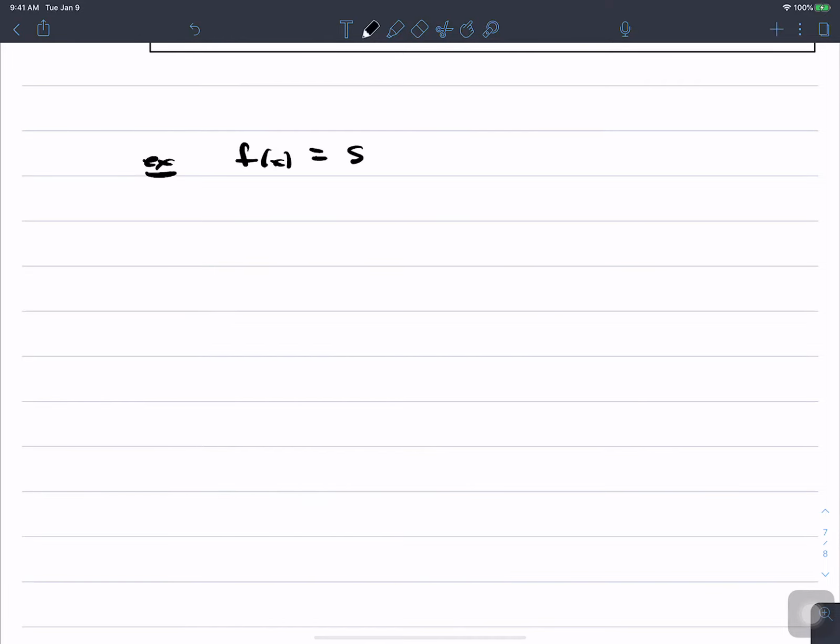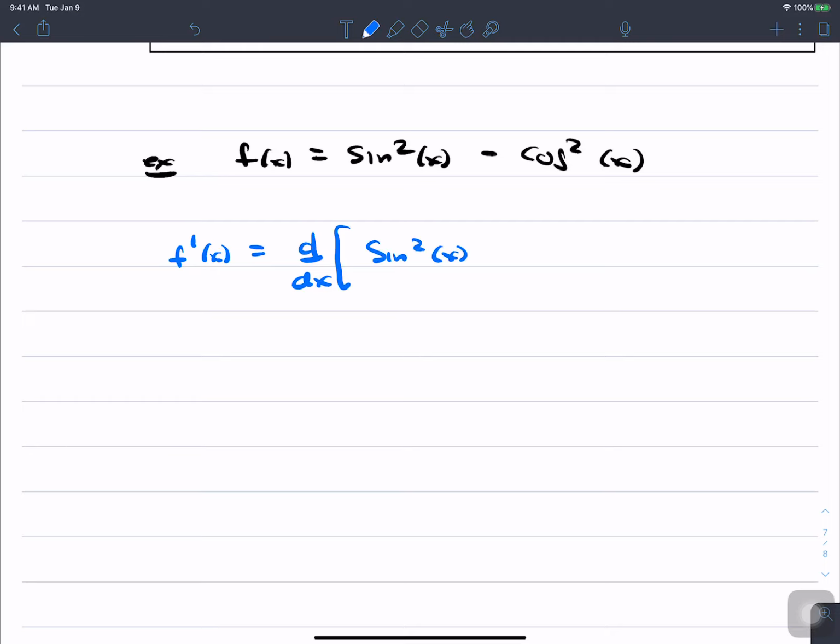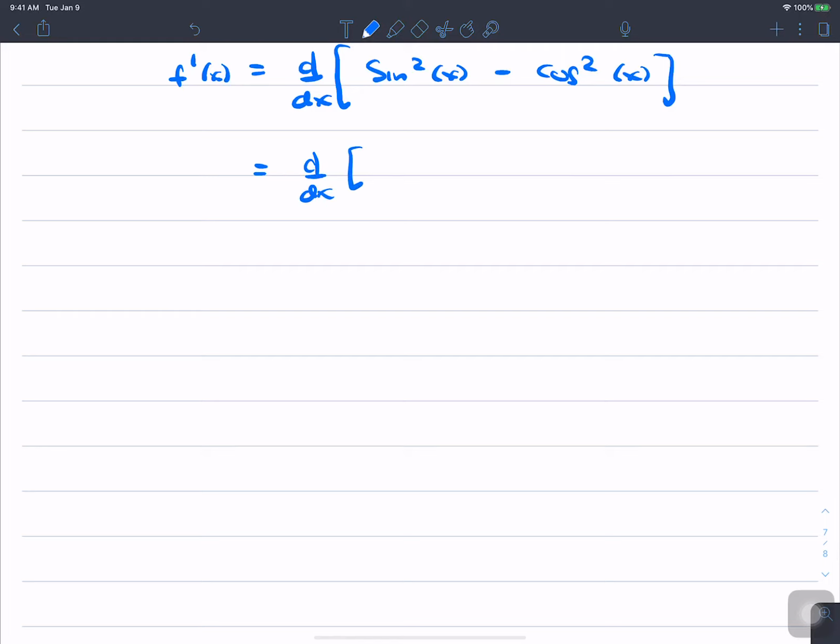How about sine squared x minus cosine squared x? F prime is d dx of sine squared x minus cosine squared x. The derivative of a difference is difference of derivatives.